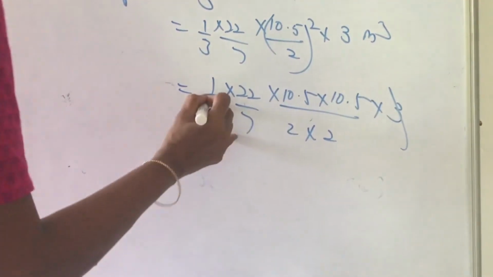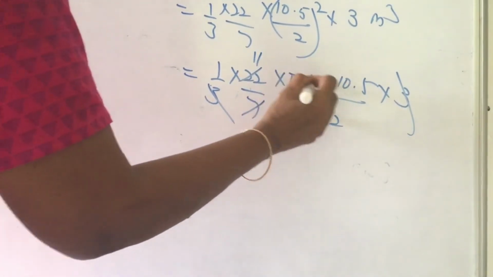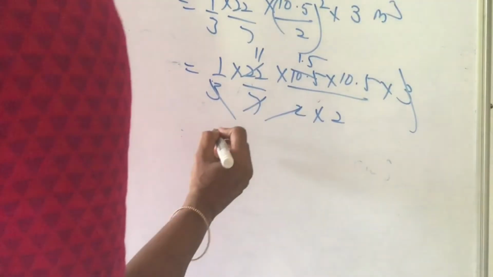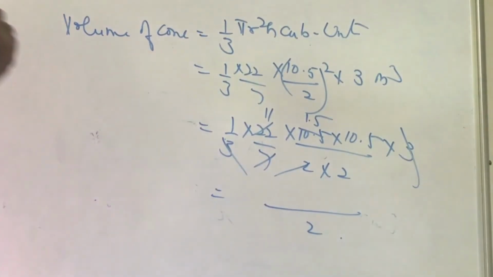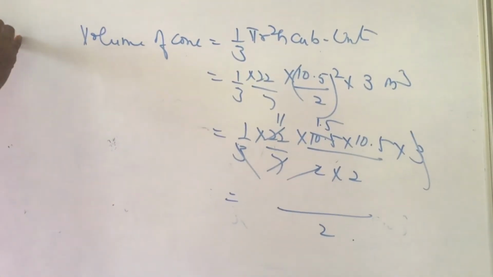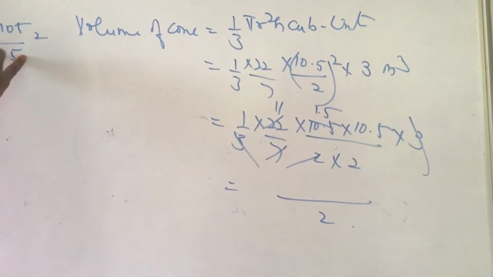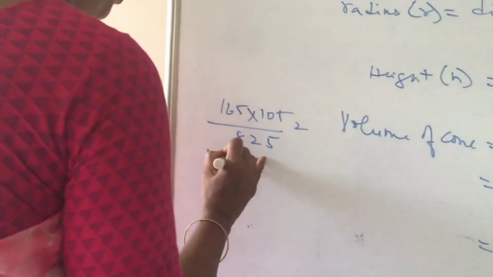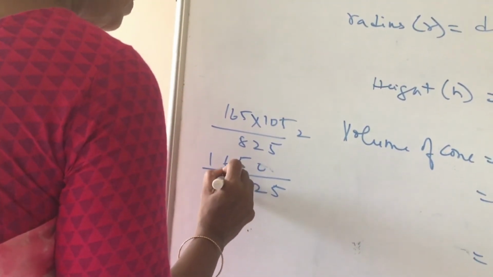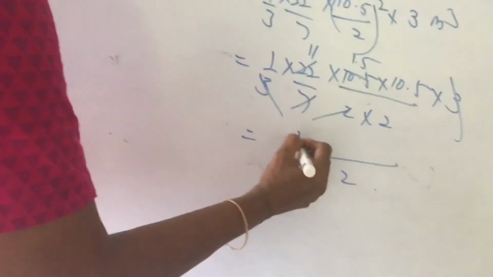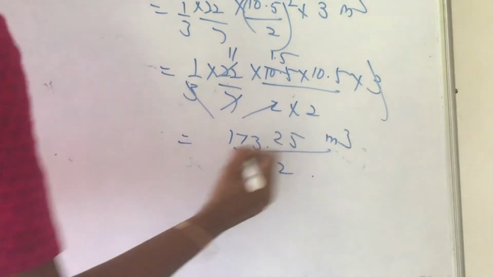I think you can cancel, girls. 3 and 3 will get cancelled. 2 goes 11 times. 7 goes 1.5. Multiply, children. 11 into 15. 165 into 105. 5 5s are 25. 80, 82. 0. 165. 2. 13. 7. 1. 173.25. How much? Meters cube.